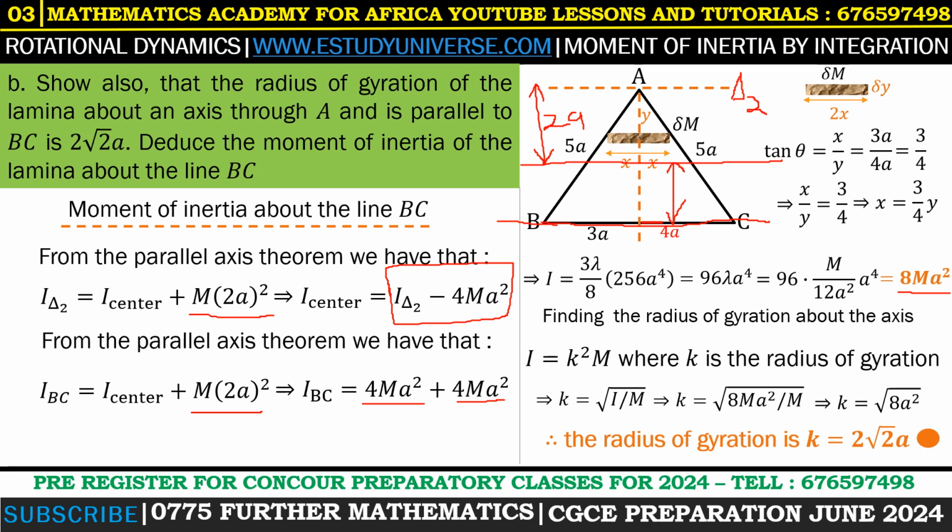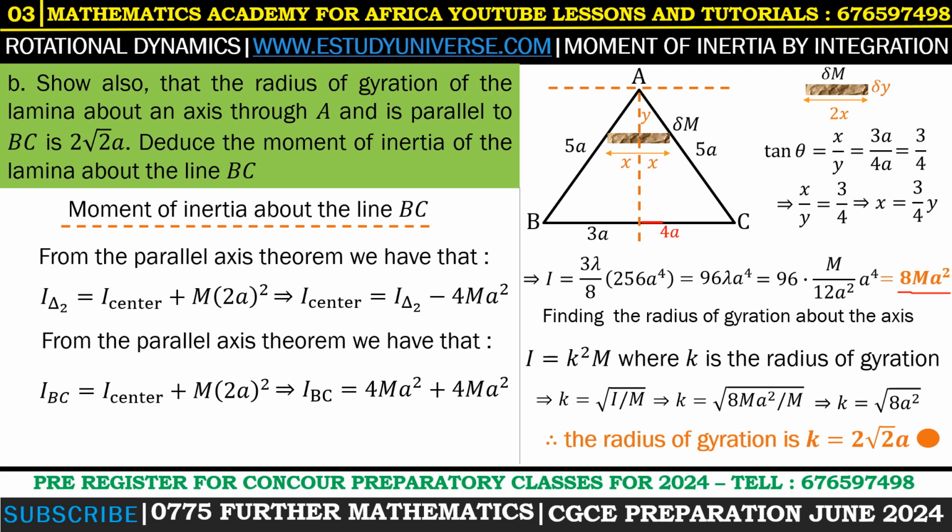So we can clearly deduce that the moment of inertia of the system about the axis passing through the line BC is the same as the moment of inertia of the system about the axis passing through A and parallel to BC, and that answer is 8ma squared. All right, so we are done with the B part of the question.